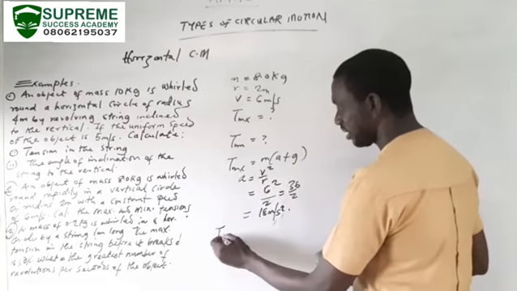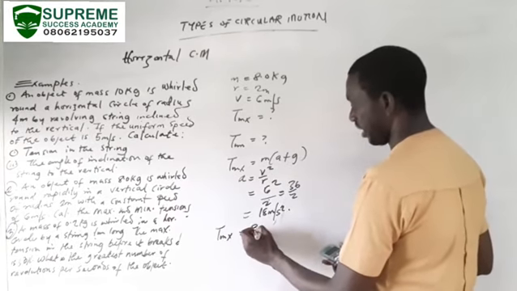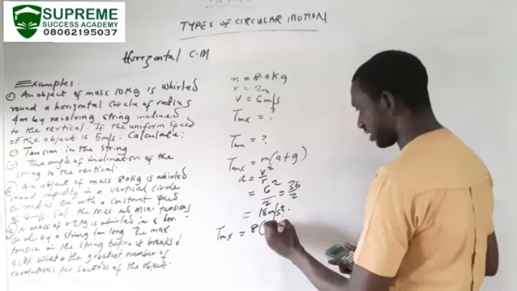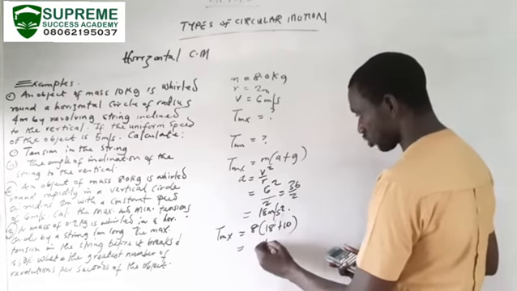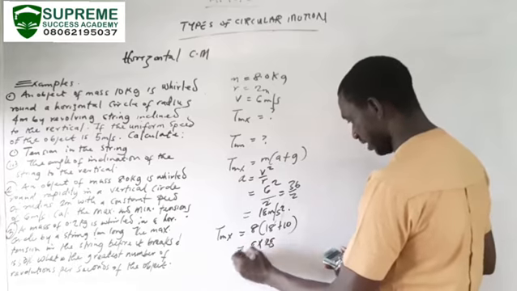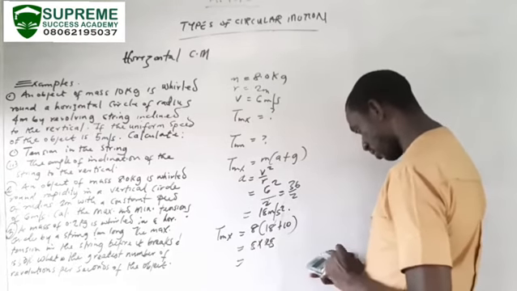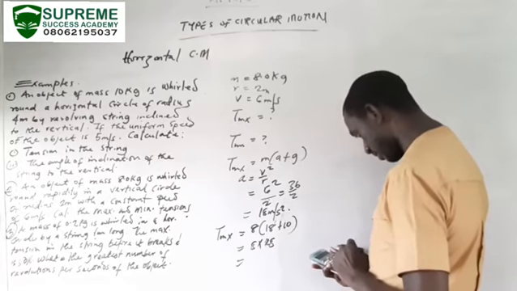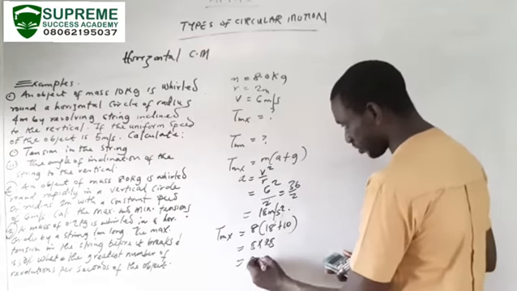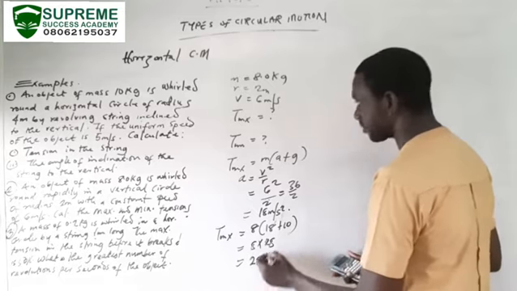So slot it into your T max. Your 8 bracket 18 plus G, which is 10, constant. This is 28 times 8. Then use your calculator, 28 times 8, and you have your answer to be 224 Newton.